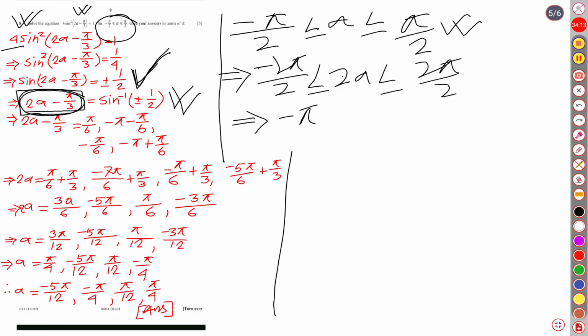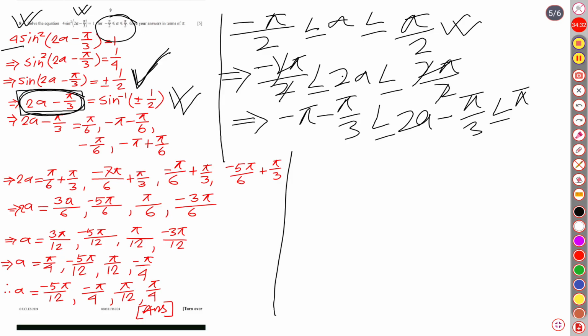Then there is also a translation, negative pi over 3, so twice alpha minus pi over 3, and here 2 and 2 can cancel out, so pi minus pi over 3. After simplification, let's see what it becomes. After simplification, with 3 and 1, there is 1 pi and 3 pi, meaning negative 4 pi over 3.